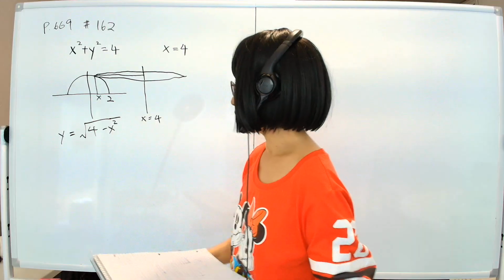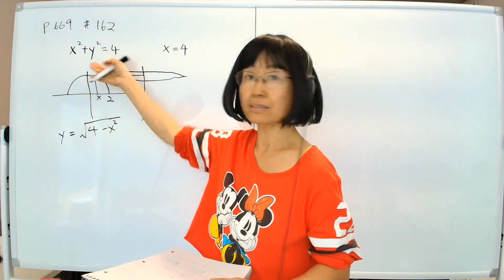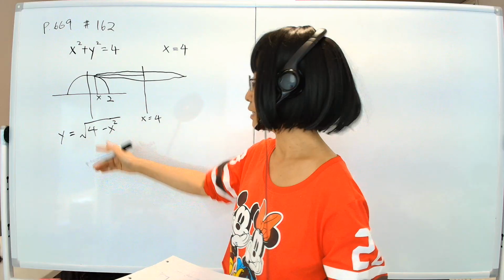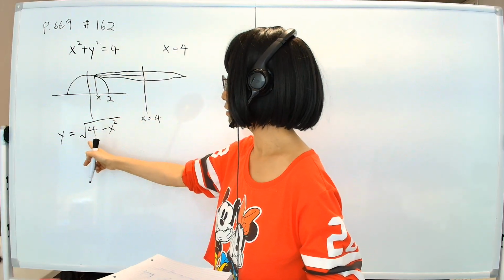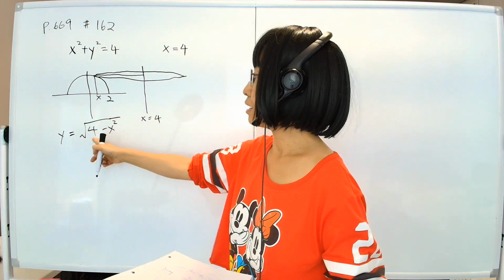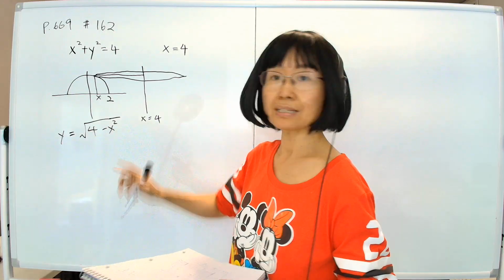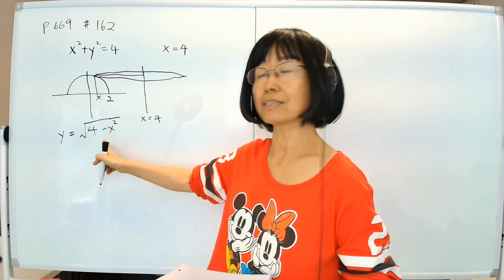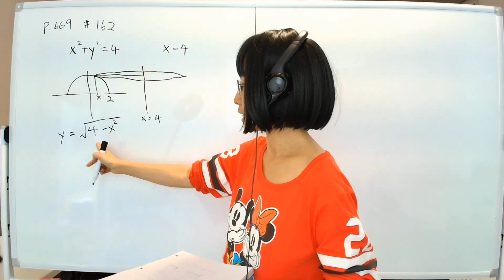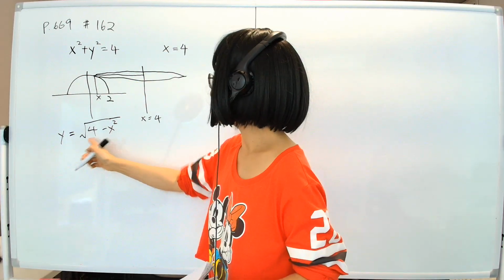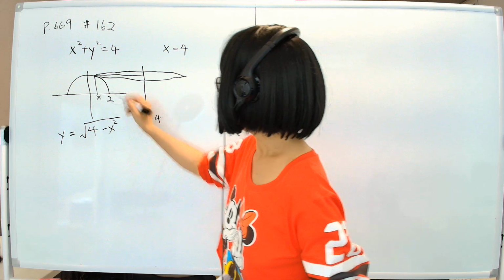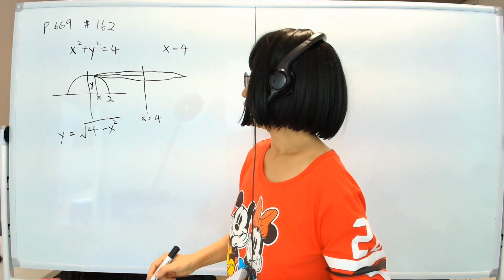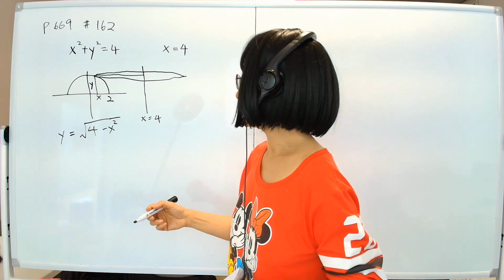That's another thing taught in circles: each one is in the square root form of the radius squared minus the other variable squared. In fact, this is also another way to recognize that something is a circle. It's either like that or like that. So y equals the square root of 4 minus x squared, and that's this height. That's y. Now we are ready to calculate the shell, kind of.